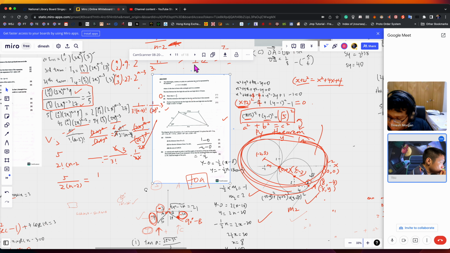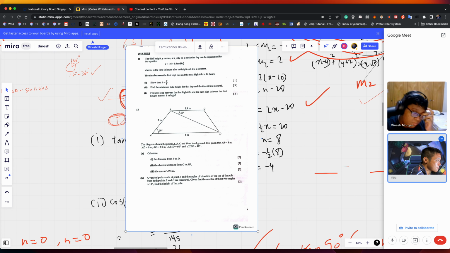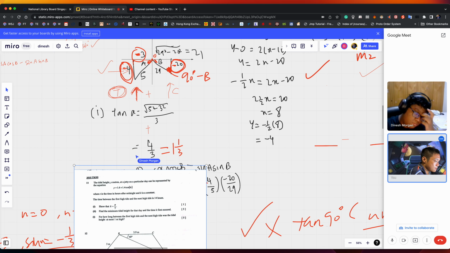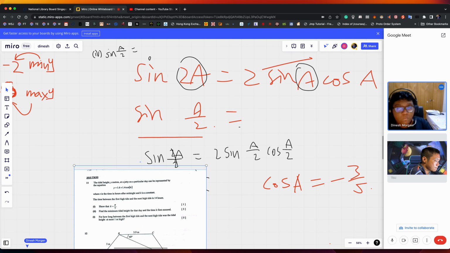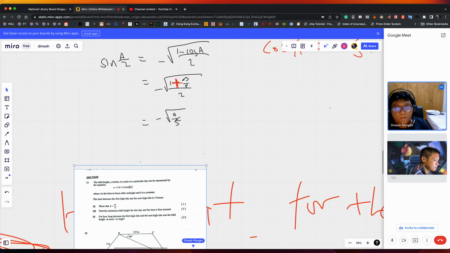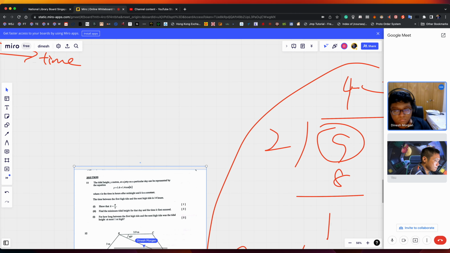Page 11. Hold on. Angle of elevation. Okay, let's try this angle of elevation question. I don't think we have talked about this. Page 11. Let me extract it out. Okay, good. Let me just move it somewhere else.